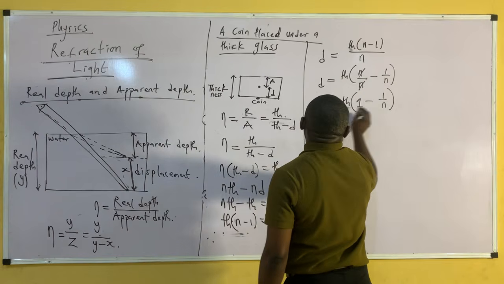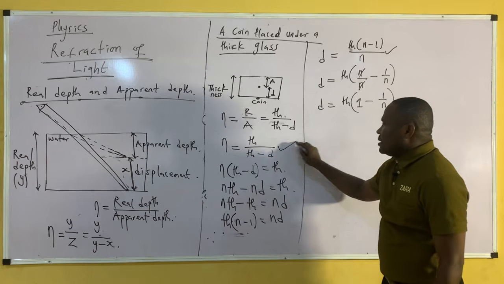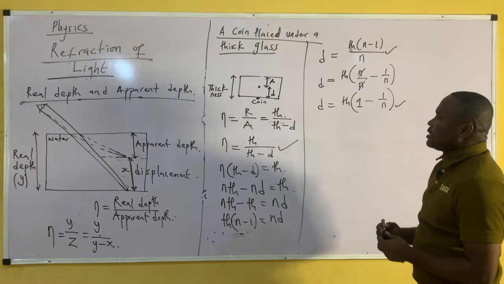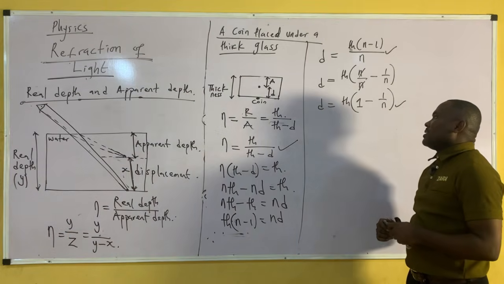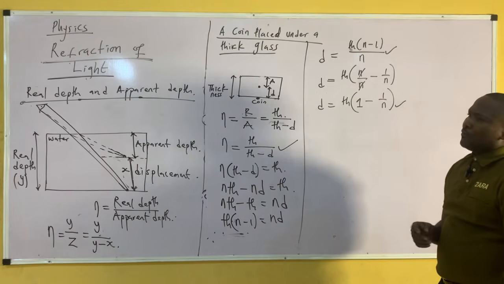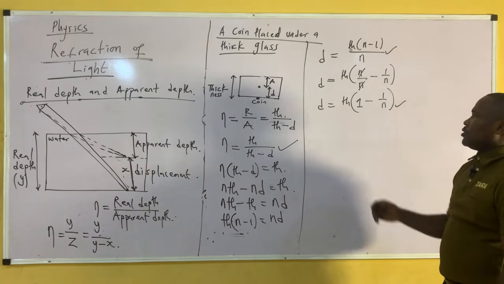Take note, all these are possible formulas you can use to solve, but remember where they came from. So now we have talked about real depth and apparent depth in terms of a pool and a coin. Now I'll be taking some questions to look through from refraction down to this point.